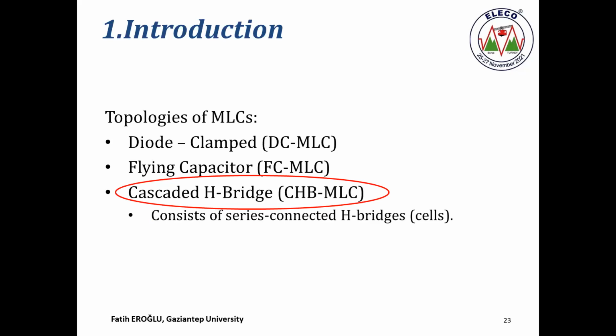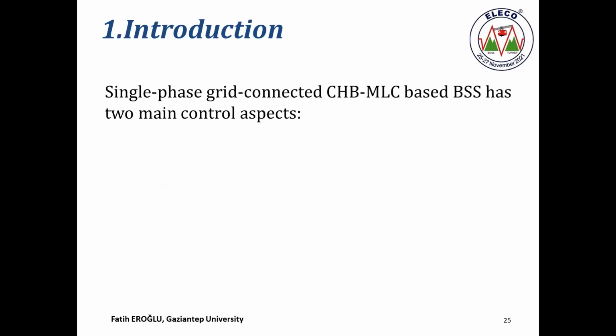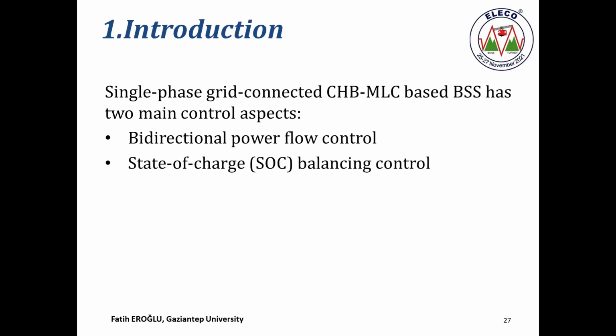We can also call them cells, and a battery pack is connected in front of each cell. We have two main control aspects in our system. The first one is bidirectional power flow control, and the second one, where our proposed method belongs, is state of charge balancing control.